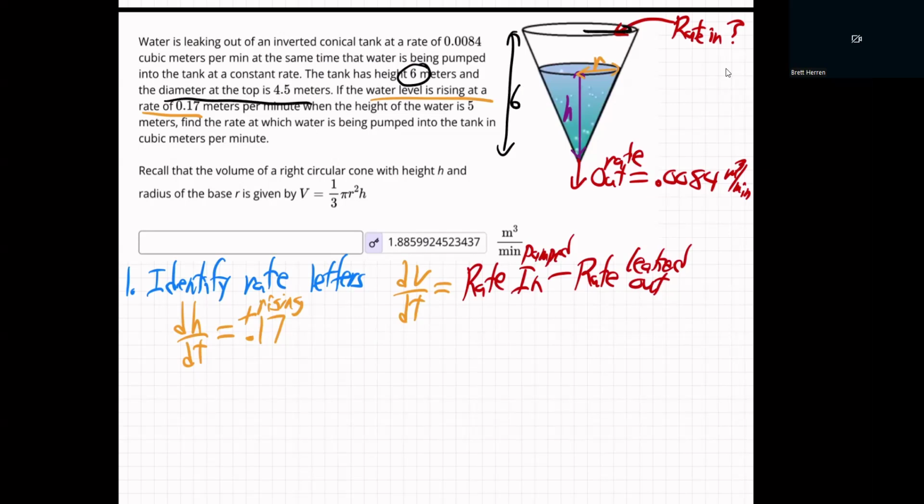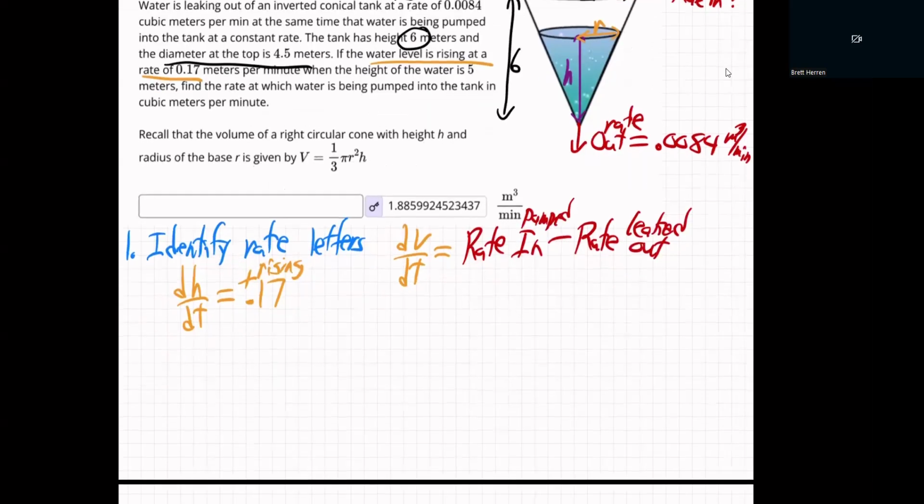I just want half of that, the radius, so half of 4.5 would be 2.25. I just took 4.5, cut it in half, and put it right there. Okay, back to it. So there are our rate variables: dH/dt, and dV/dt, which is the change in volume, rate in minus rate out.